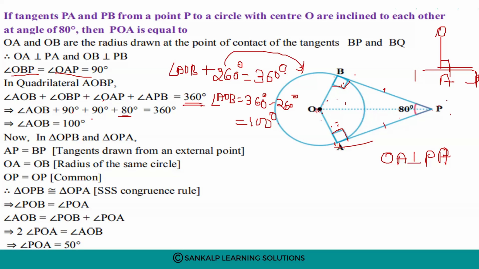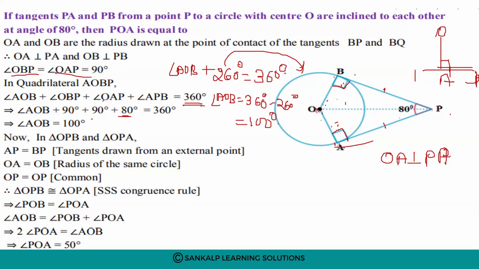OP is common to both triangles. So three sides are equal. That means by the SSS congruency rule, we can say these two triangles are congruent.